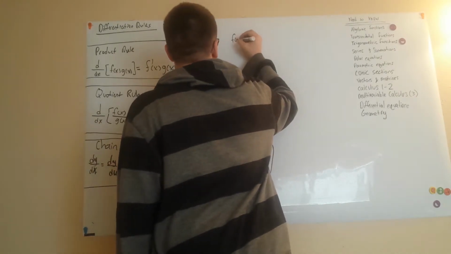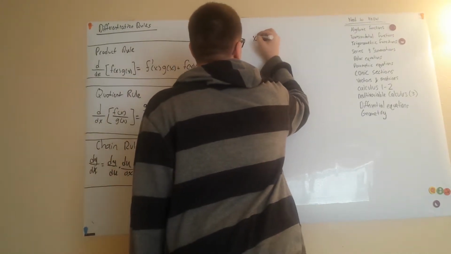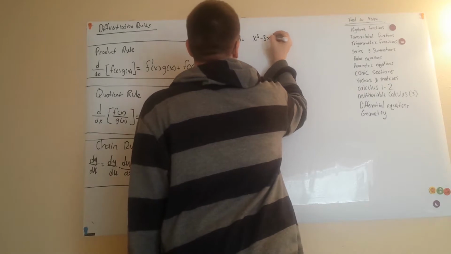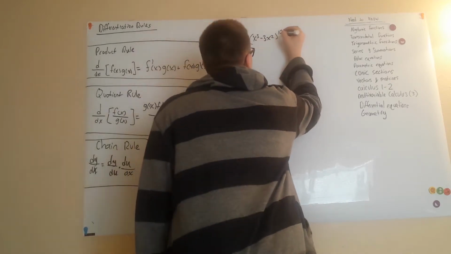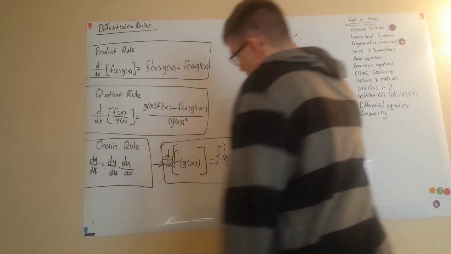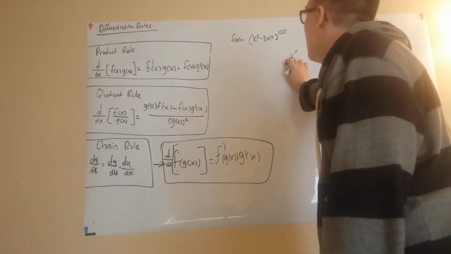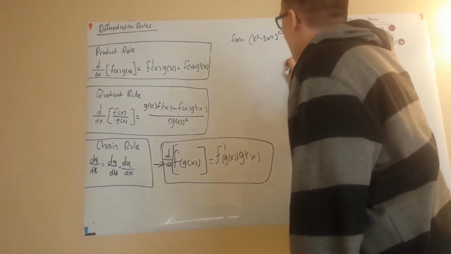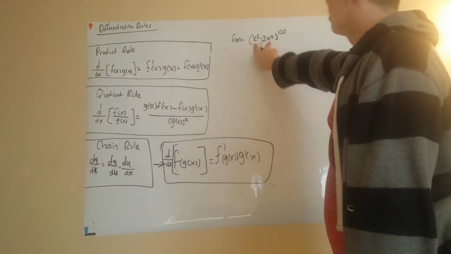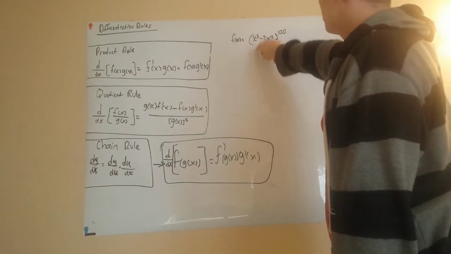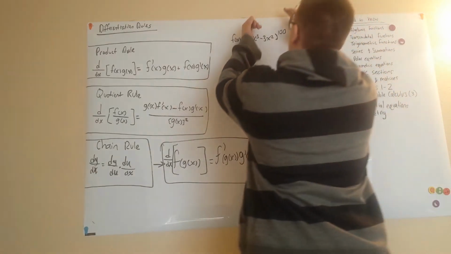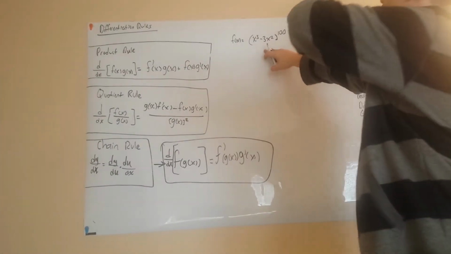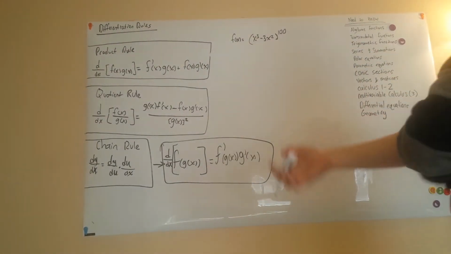So if f of x equals x to the third minus 3x squared, to the 100th power, I can recognize this function as being inside of this function, x to the 100th power.